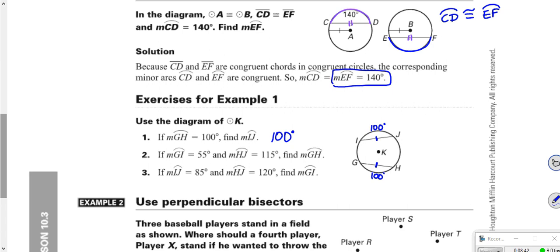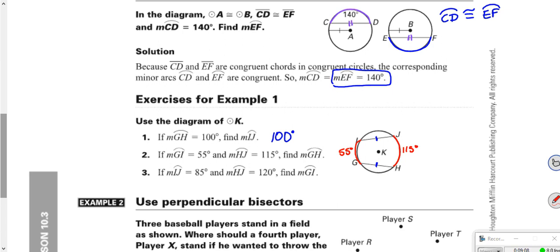Then it says if measure of GI is 55 degrees, so if this is 55 degrees and HJ, actually let me erase this because I don't think that's going to hold true on this one. And HJ, sorry, is 115.